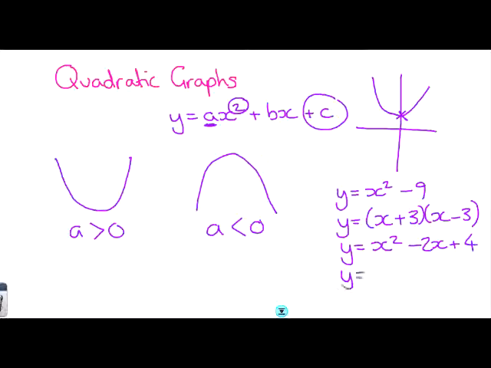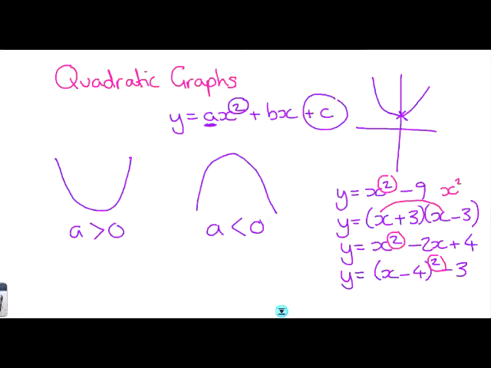Or we can give it to you in another form, maybe the completed square. Something like that. Looking at all of these, I can tell you that these are quadratic graphs purely because there's a squared. This one hasn't, but x times x would give me x squared. So that's how you tell a quadratic graph.